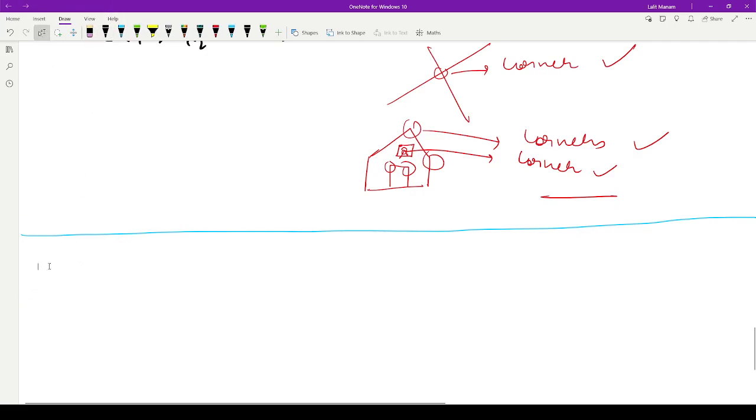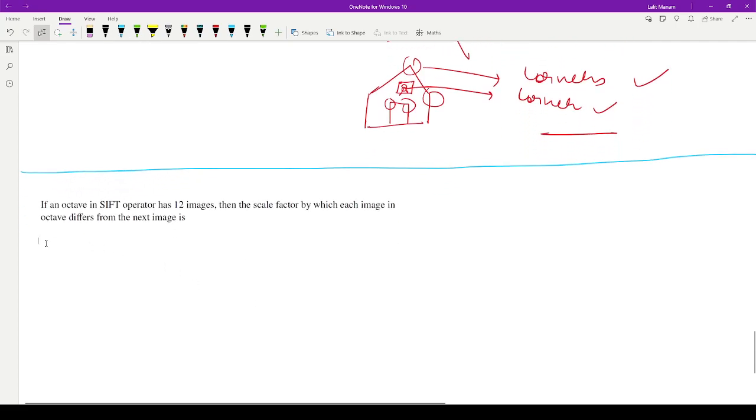Okay, we have read about SIFT. What do you mean by SIFT? What is the full form of SIFT?